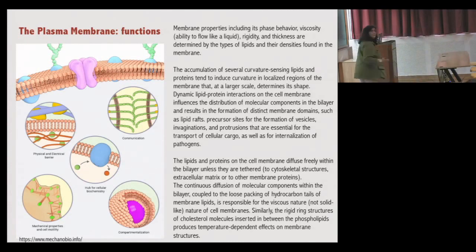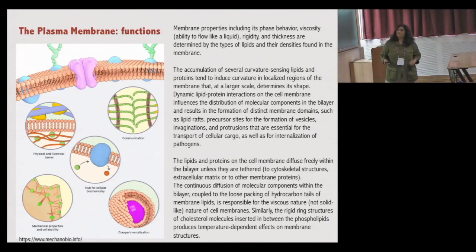And the composition of both lipids and proteins on the membrane can influence not just curvature, but also things like rigidity, like I already said.